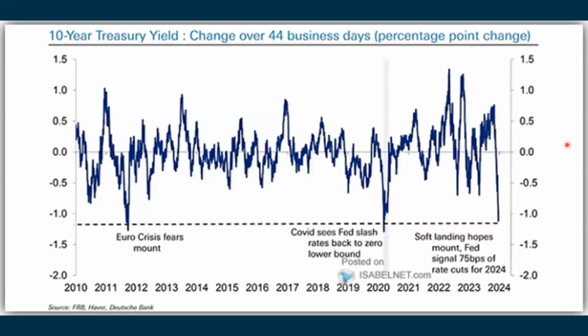And this is a chart that I posted a few weeks ago. This is kind of interesting because we don't know if this is telling us something positive or negative. Last October, when we really hit a high rate in the 10-year yield and then immediately shifted and started going down, well, there were two other times when this happened. When we had the Euro crisis back in 2011, and then when we hit the COVID low.